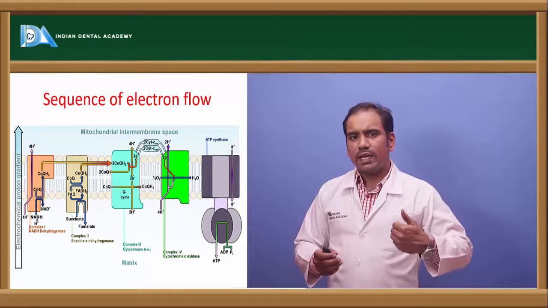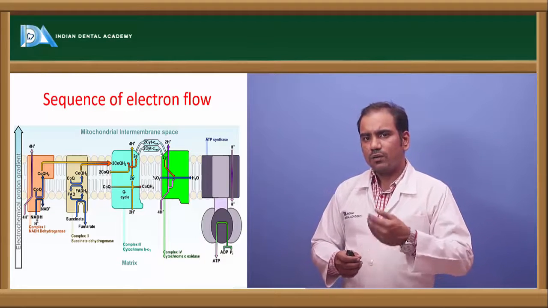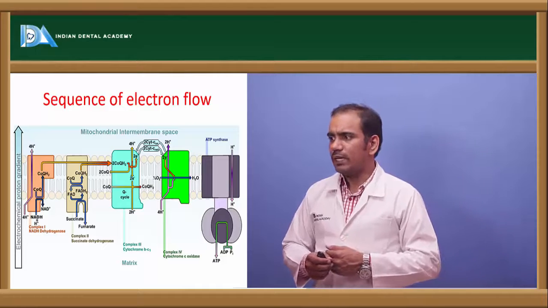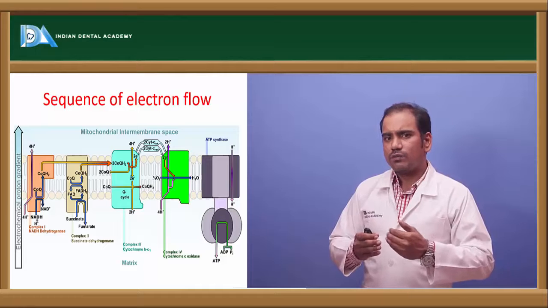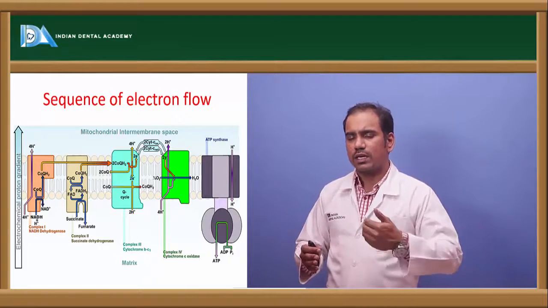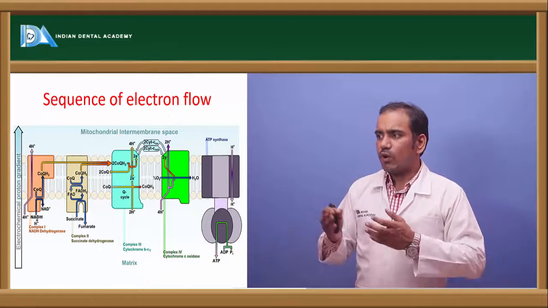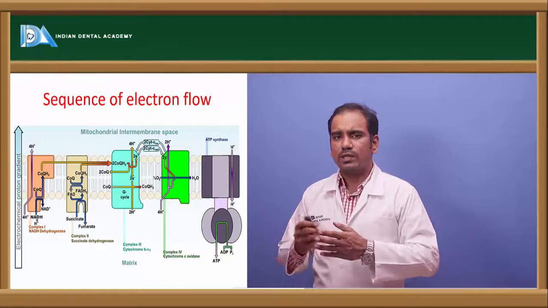NADH is the reduced form of the coenzyme NAD+. That NADH in its reduced form donates the electrons to complex 1, and when it donates, it is oxidized. Now complex 1 transfers the electrons to coenzyme Q.